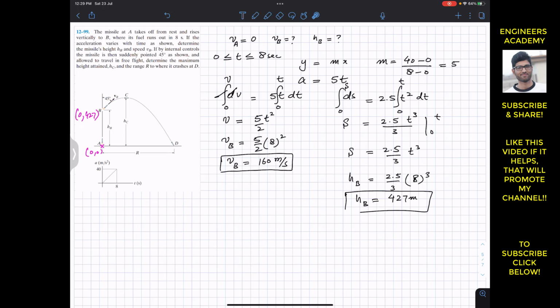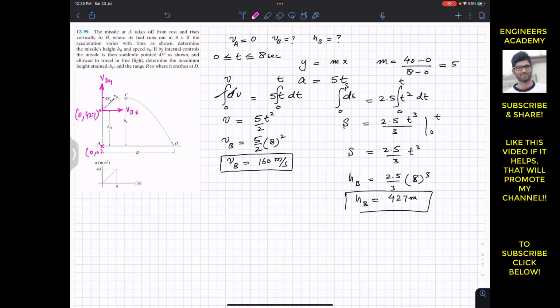So then we can resolve this VB into its components, right? Since it's moving like a free falling body, it will have a projectile motion. So for projectile motion we have to resolve this VB. So we will have two components. This one will be VBX and this one will be VBY.